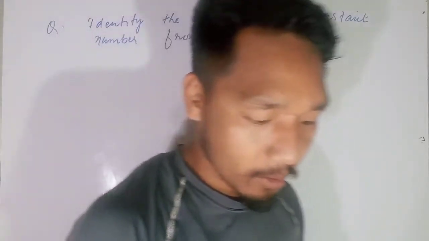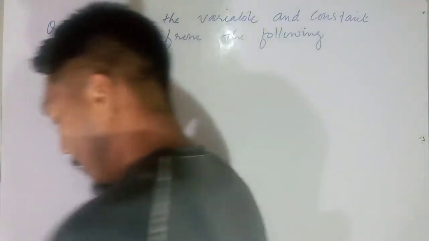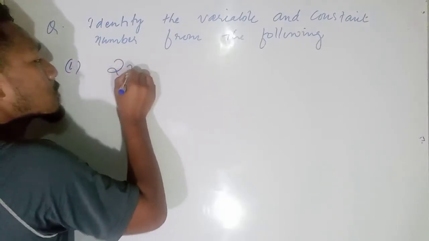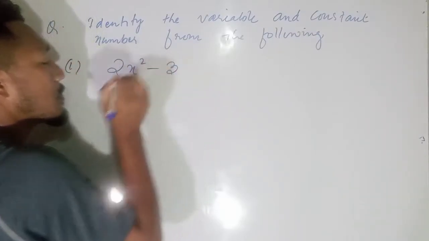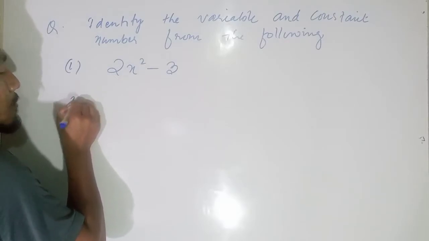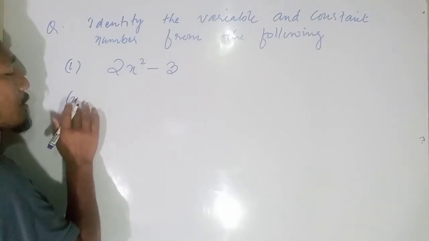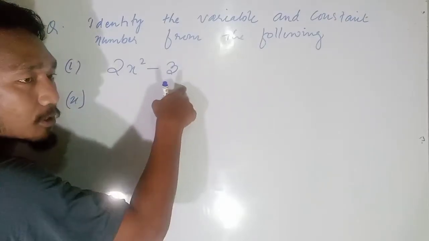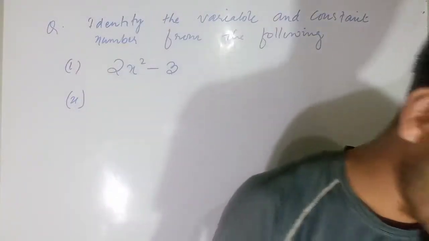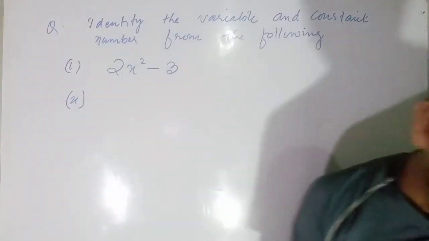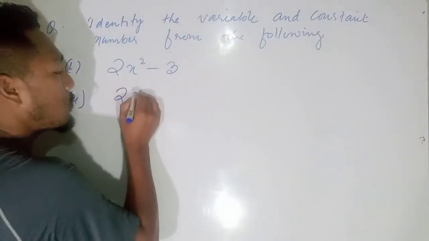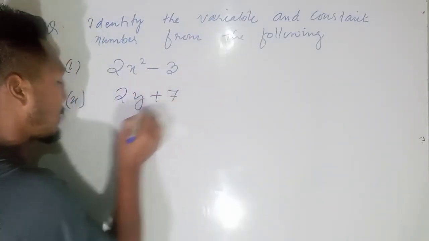Question number 1: 2x squared minus 3. You have to identify what are the variables and what are the constant numbers from each equation. Number 2: 2y plus 7.